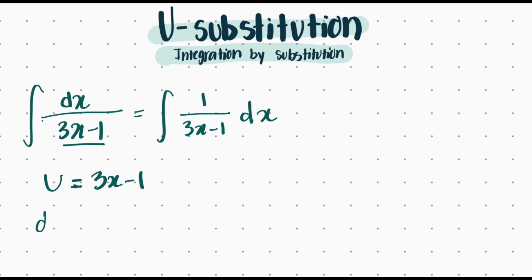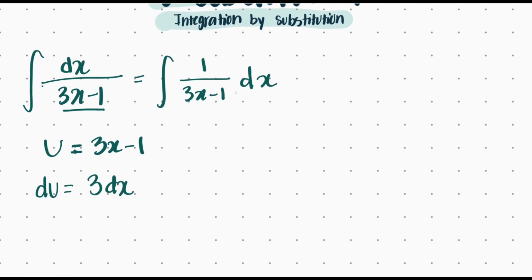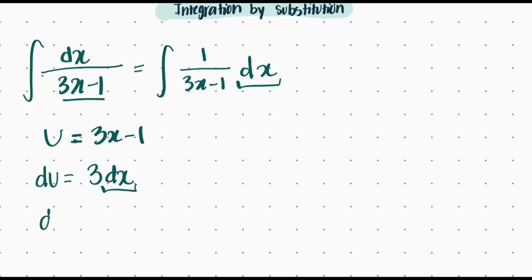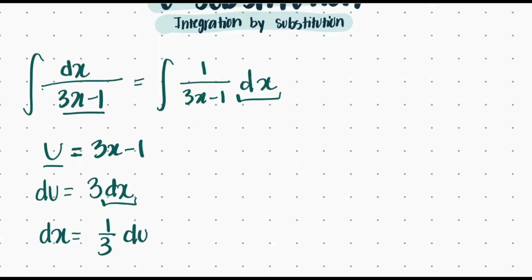Now let's find the derivative of u, which is basically 3dx. Now we have a dx here and a dx here, so let's just find dx. That's basically dx is equal to 1/3 du. And now we have our u, we have our du over here, so we could just replace it.